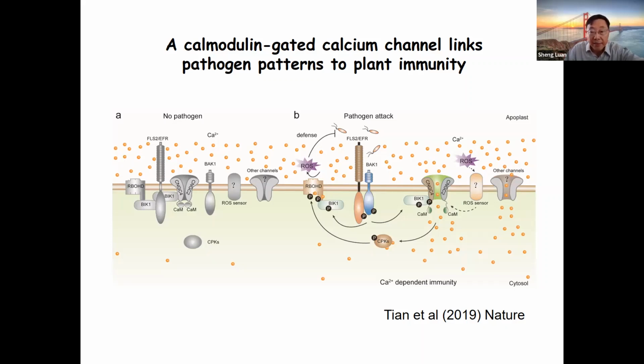Before pathogen attack, these CNGC tetramers are gated closed by calmodulin binding.